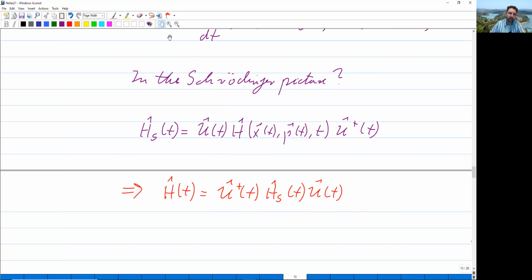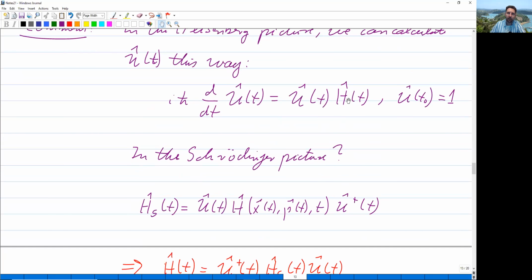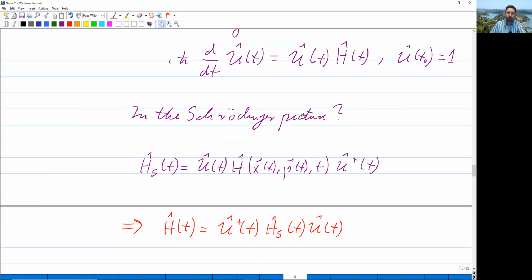But this means that we can now replace this Heisenberg picture Hamiltonian by that expression here. So what we obtain is, therefore, and I'm just carrying forward this equation, except I replace the Hamiltonian.